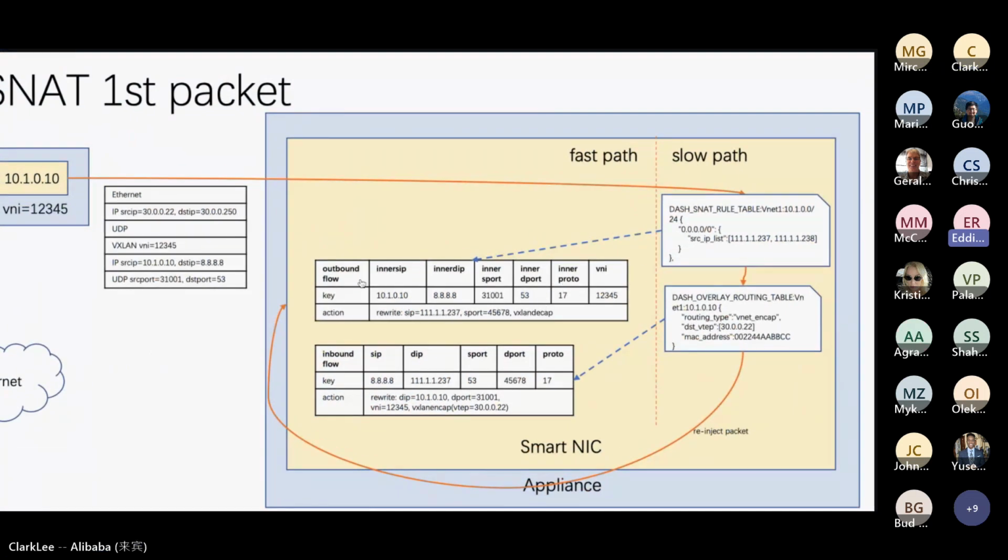Because it's a global policy, we don't associate the policy with the VNI. For your outbound, you have this VNI here, so you associate the VNI here. But we don't attach the policy to the VNI. If you see that we have the DNet and the SNet rules, it's global.